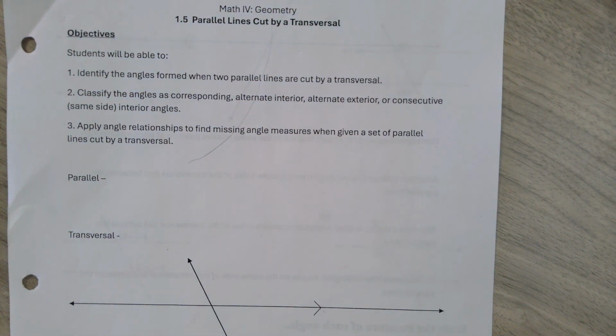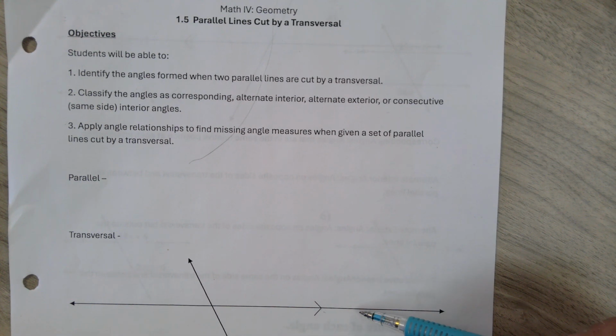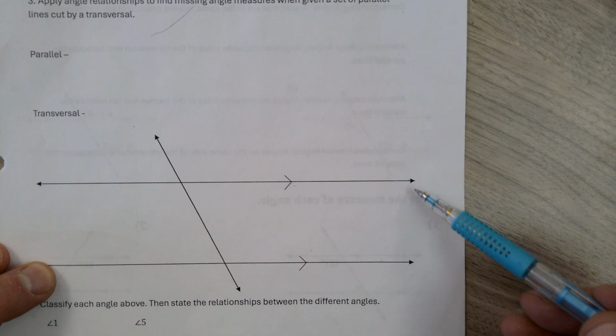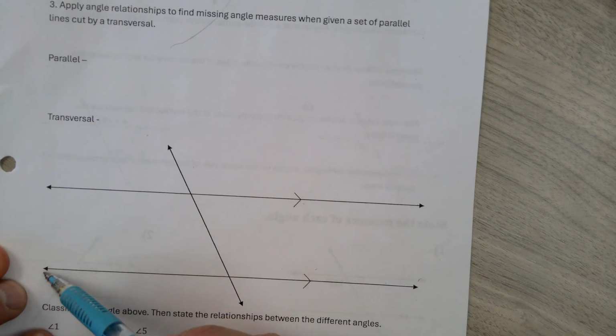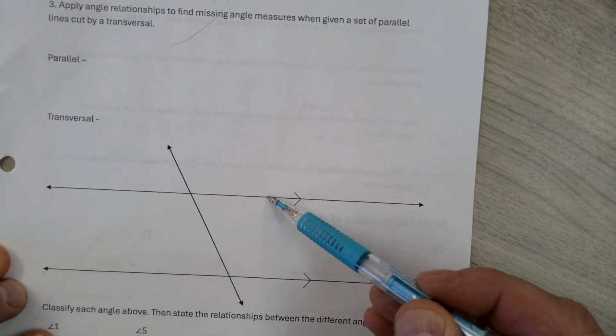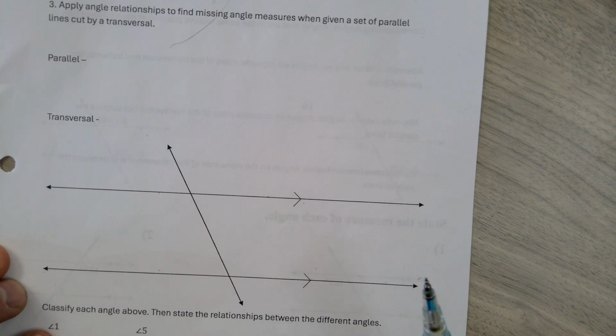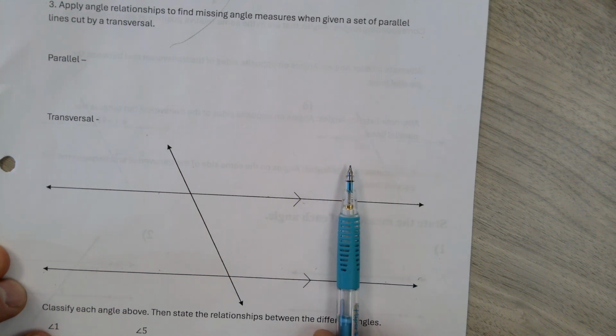Well, parallel lines are equidistant. So if I were to measure the distance from here to here, from here to here at this end, that distance is going to be the same throughout. Now remember, when you measure distance, you always measure it perpendicular.